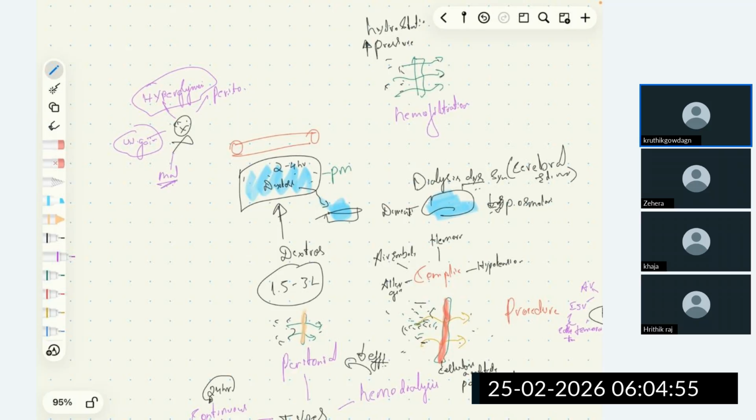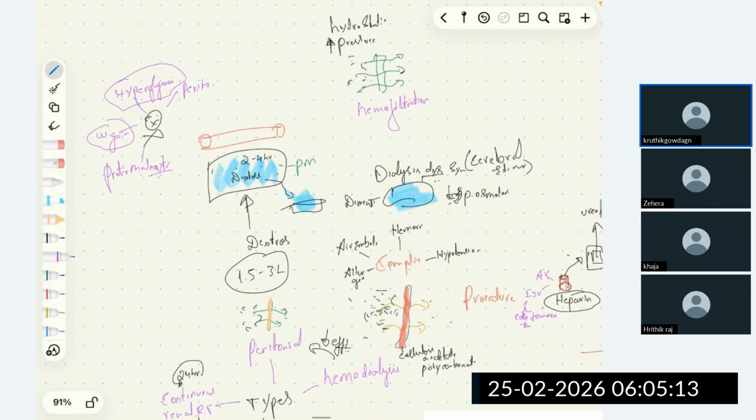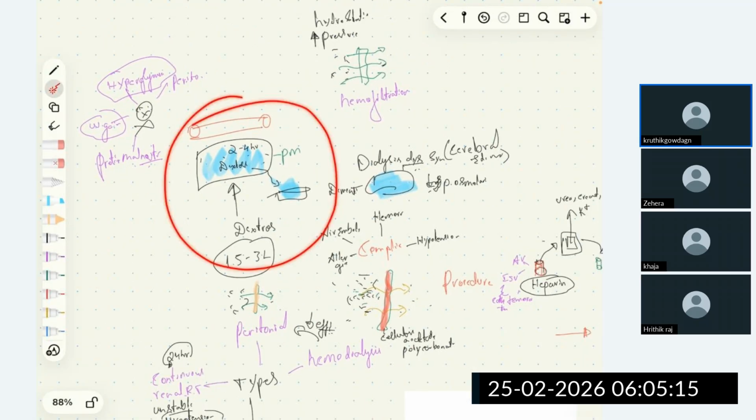The patient can also have protein malnutrition due to loss of protein in the dialyzing fluid. This is about the procedure and complications of peritoneal dialysis.